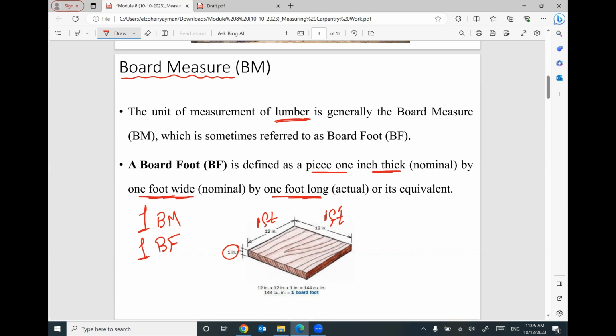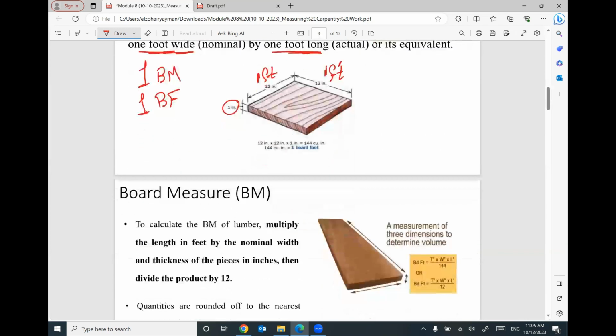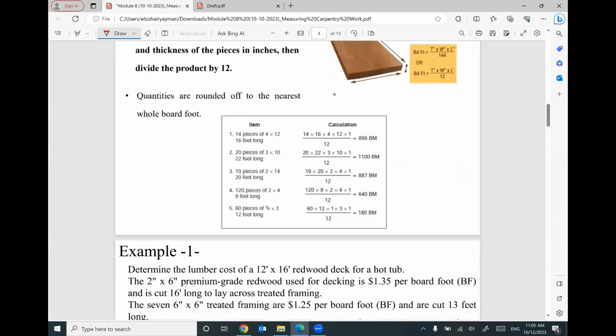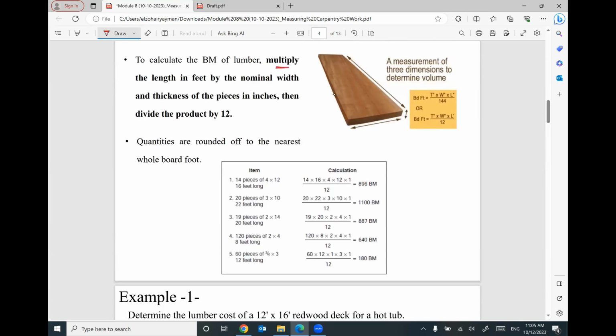Does that make sense? So if you would like to convert a piece of lumber to how much board foot or board measure, you need to multiply the length of this piece in foot by the nominal width and the nominal thickness. Keep in mind, for any lumber piece, we have this cross section. One dimension is called width, one is called thickness, and typically they are given in inch.